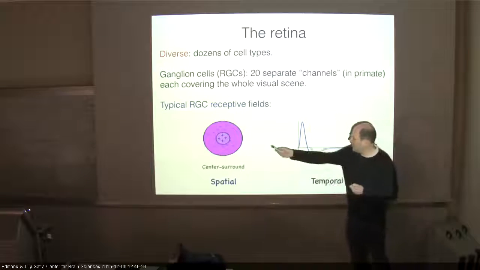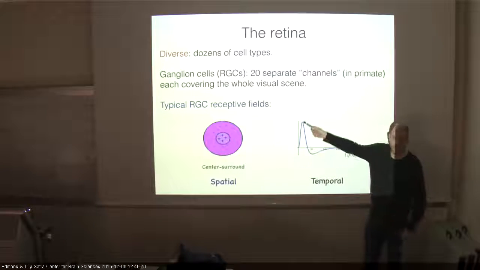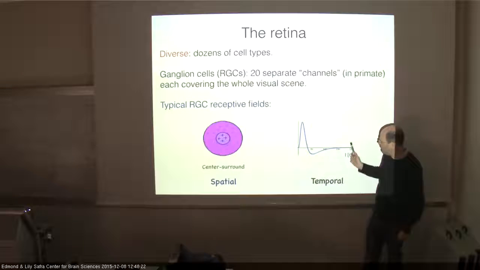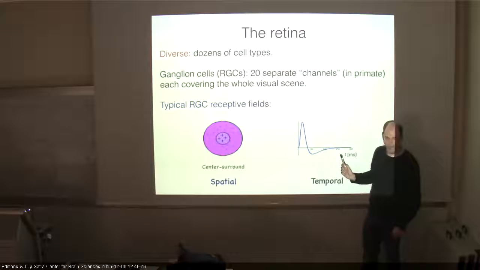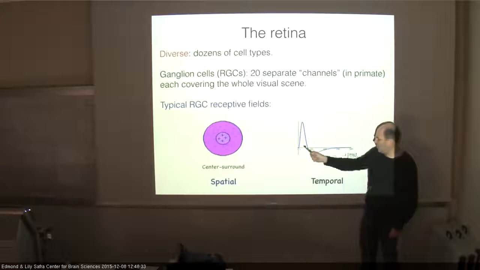So this cell might be responsive to an increase of light. What this temporal receptive field is representing is the kind of light profile that would increase the probability of the cell sending a spike right now, at this time. We are looking back in time.